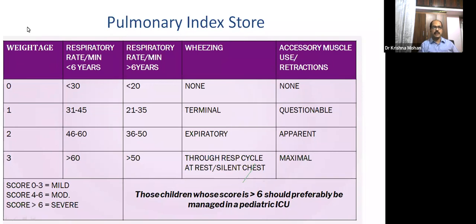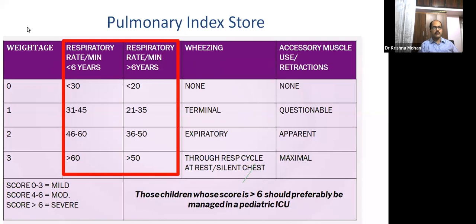For respiratory rate, if the child is less than 6 years, less than 30, 31 to 45, like that, you have to score. Wheezing: when you are auscultating with a stethoscope, you see whether the wheezing is present only at the end of expiration, or full expiration is heard, or throughout the respiratory cycle, both in inspiration and expiration. Based upon that, you grade it.